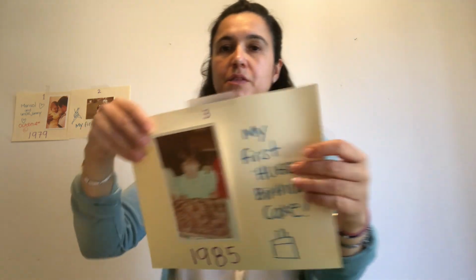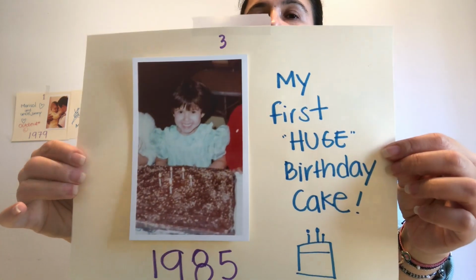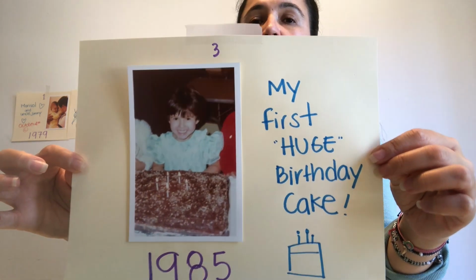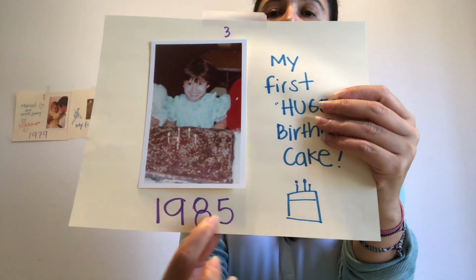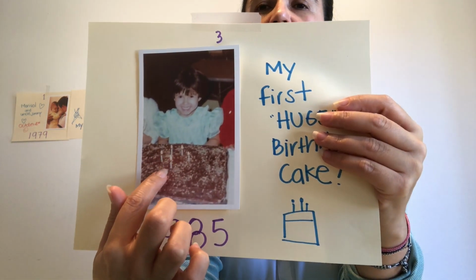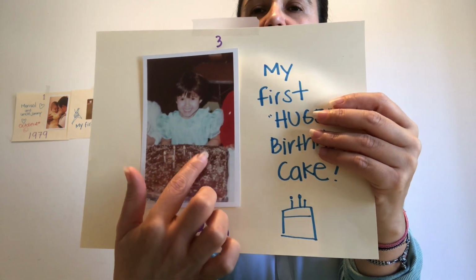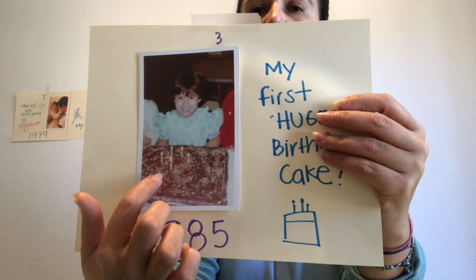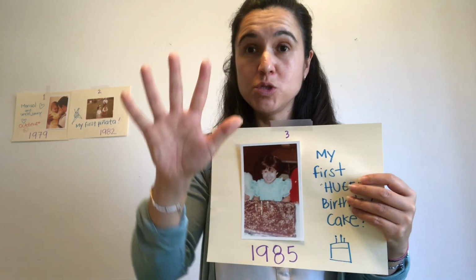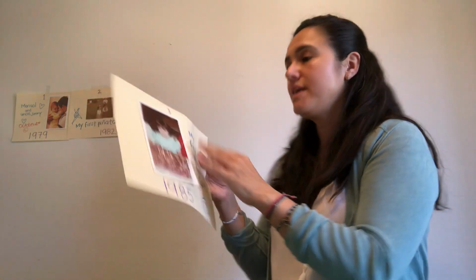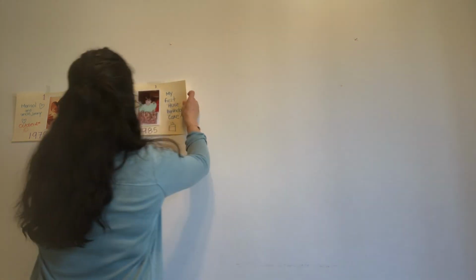And then it says 3. My first huge birthday cake, 1985. And look, I can tell I was celebrating my 5th birthday because if you count the candles, the huge cake has 5 candles. So this happened up.